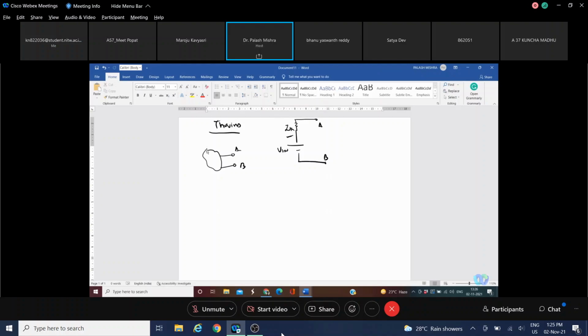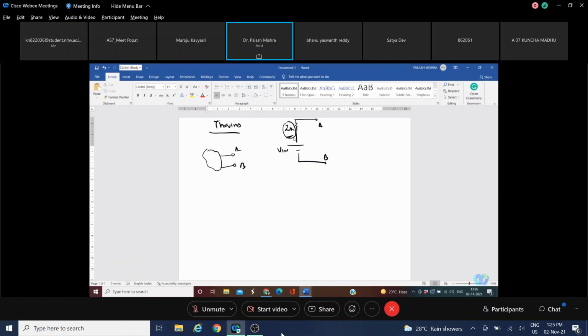Please take that in mind. So for finding ZTH, you have to deactivate all the independent sources, and then find the net equivalent resistance across those two terminals. The ZTH calculation is exactly the same as Norton's theorem ZTH.